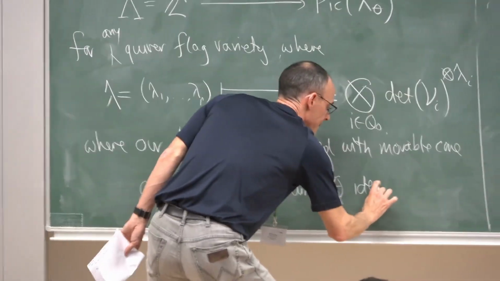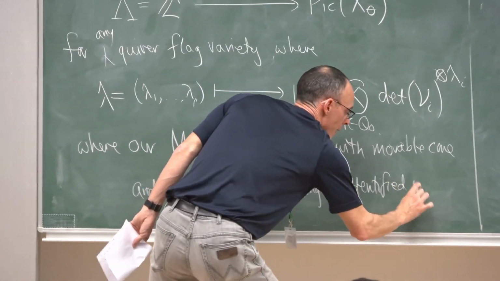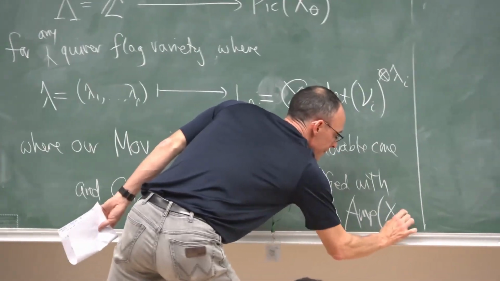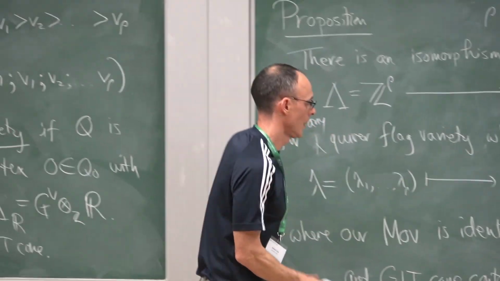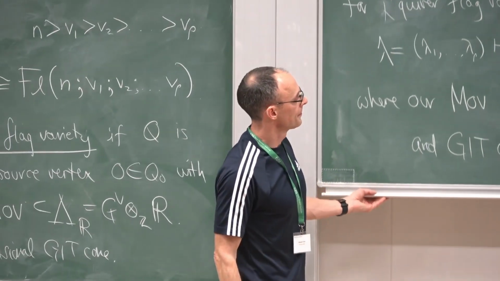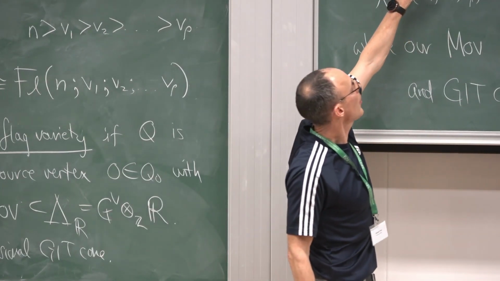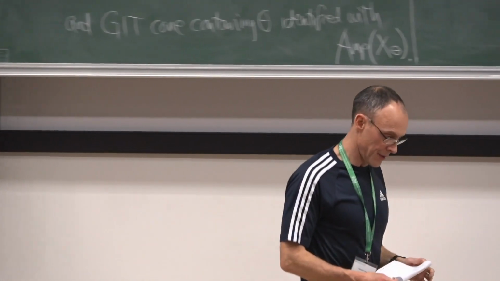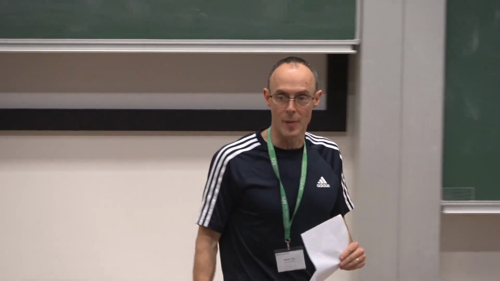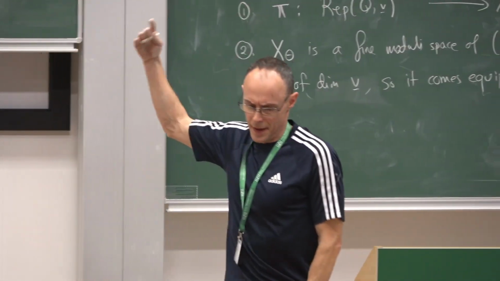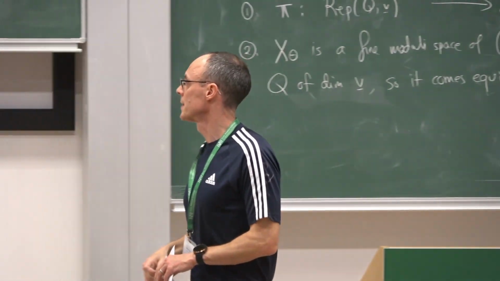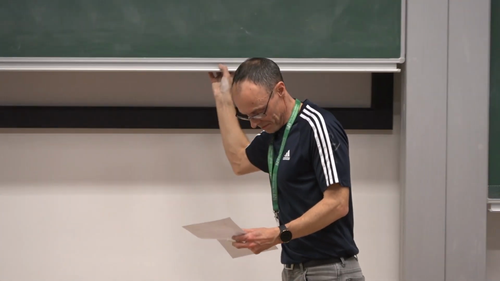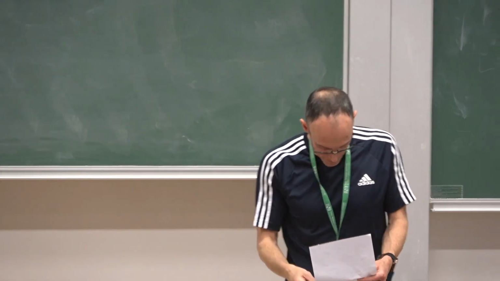So identified with the ample cone of our GIT quotient. Put simply, the decomposition of the GIT fan is giving us all the information we care about, the way line bundles encode interesting geometric information in the Picard group. Okay, so now I can make the final statement.